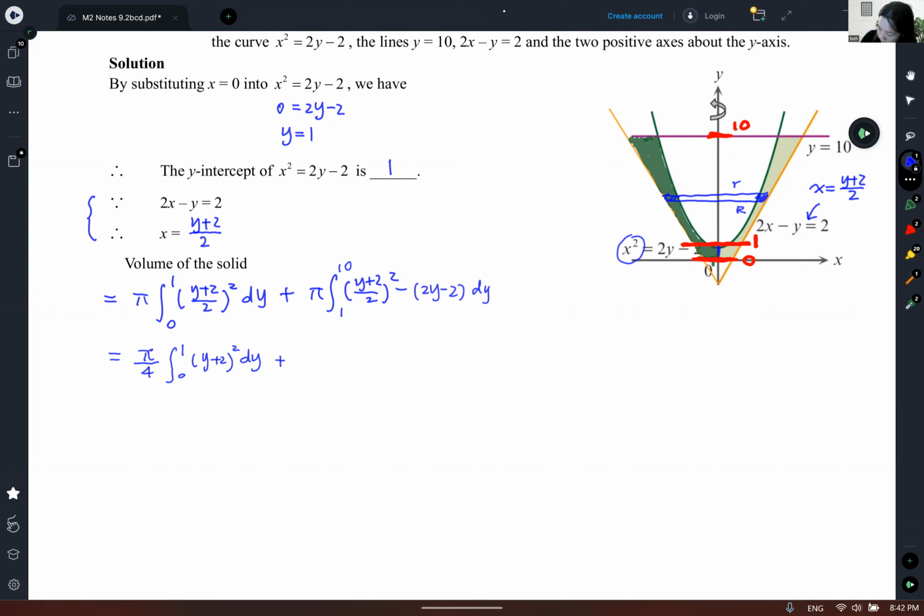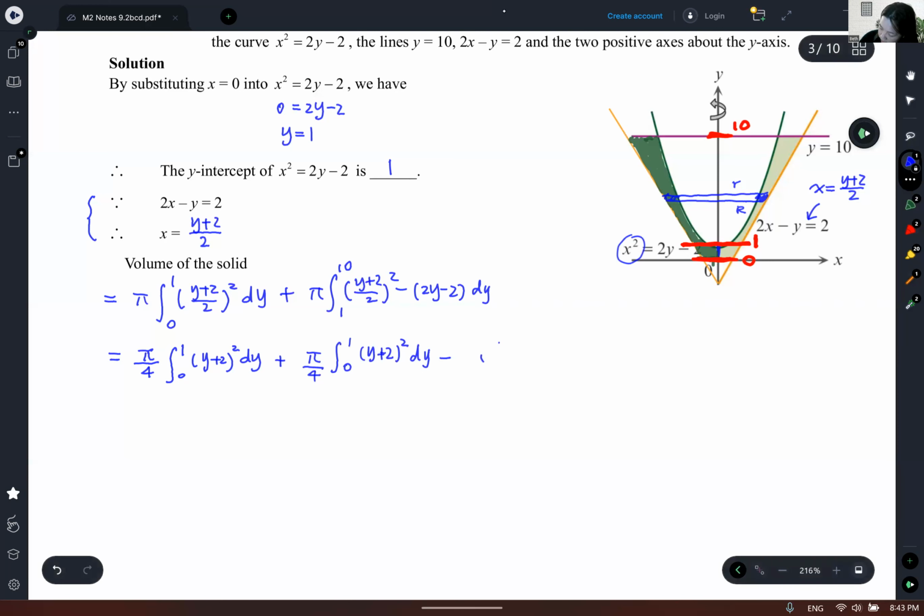I figure it's easier this way. I figure it's easier if I do pi, 0, 1, y plus 2 whole squared, and then take out 4 dy minus 2 pi.